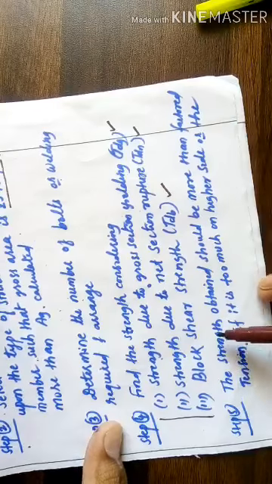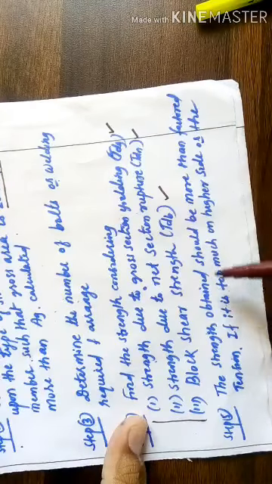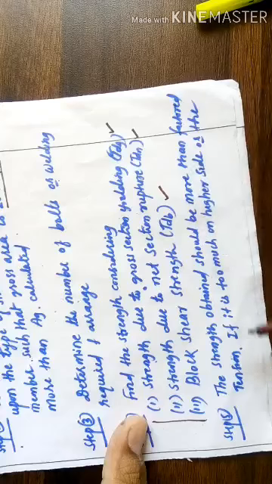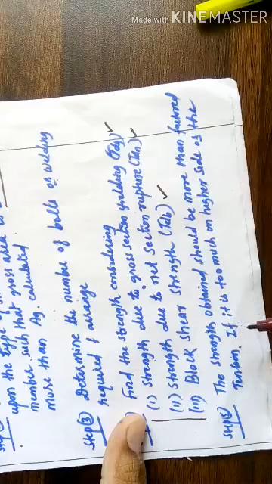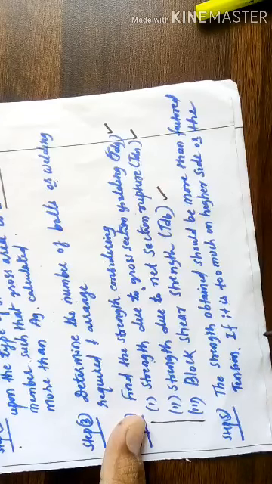That is step number 5: the strength obtained should be more than the factored tension. So whatever strength you calculate for the assigned section, that is Tdg, Tdn, and Tdb, should come out more than the given load. If it comes out lesser than the given load, then the section needs to be redesigned.